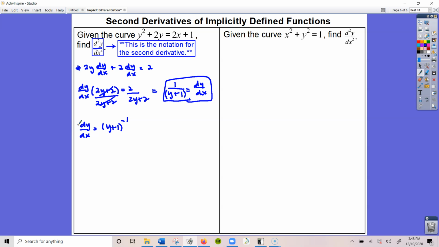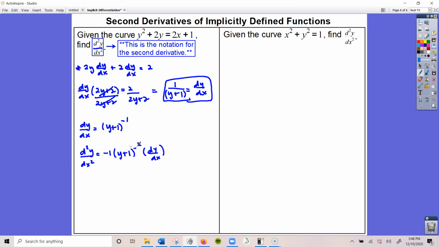So now when we're finding the second derivative, that's d squared y over dx squared, we can apply the chain rule. So we have negative 1 times y plus 1 raised to the negative 2 times the derivative of the inside, which is dy dx.